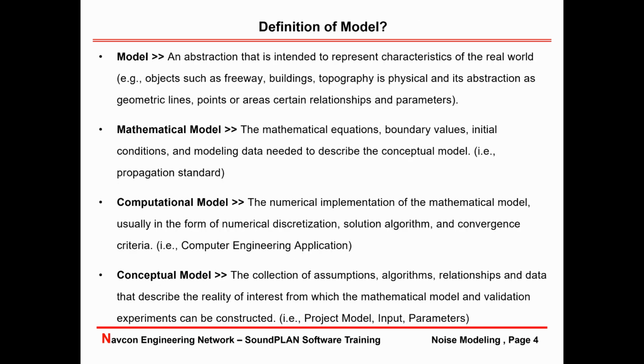What is the definition of the model? Generally, a model is an abstraction for an intended use. So we are trying to represent certain characteristics of the real world. In terms of noise, of course, the objective is to develop a model for freeways, buildings, topography for different sources. And we abstract everything in terms of points, lines, and areas, objects that have certain relations and parameters.